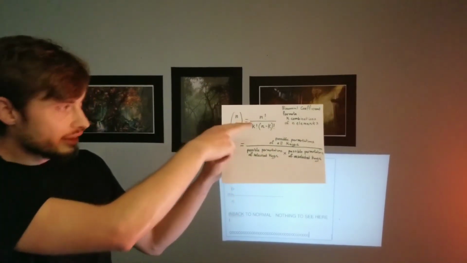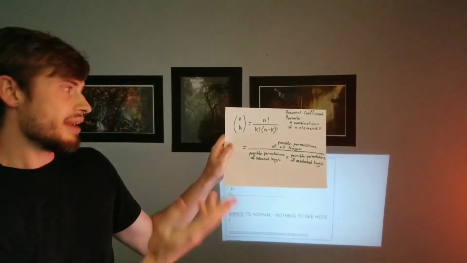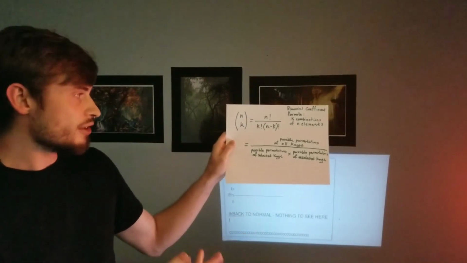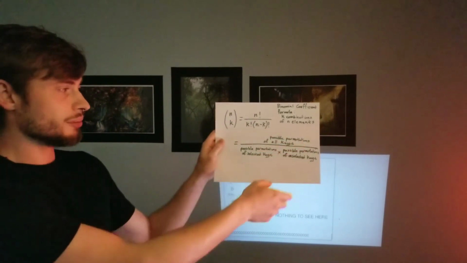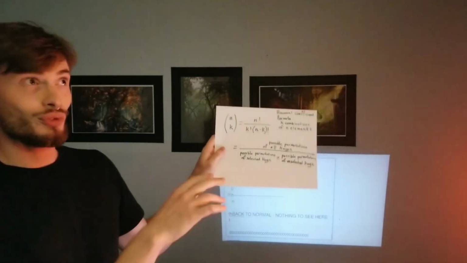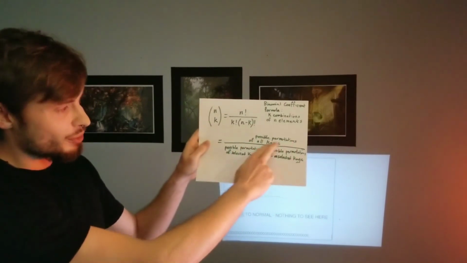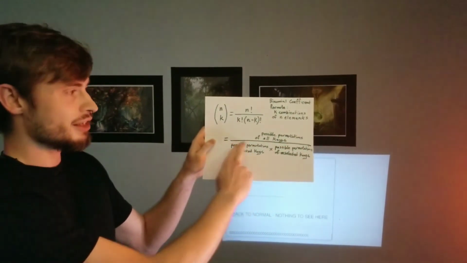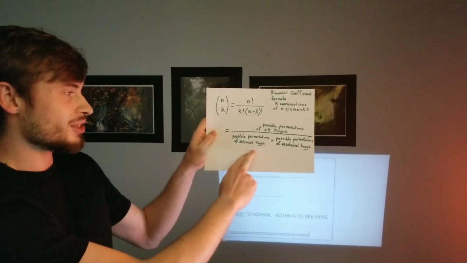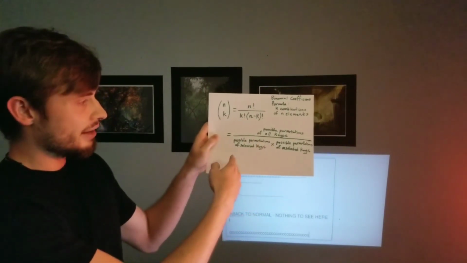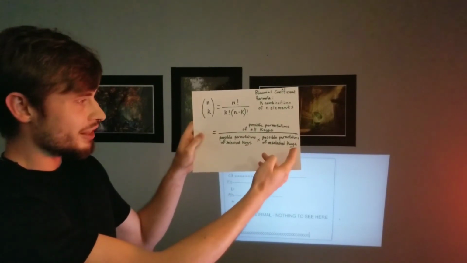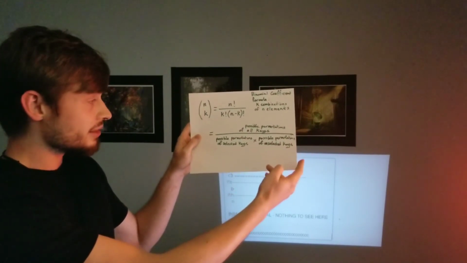And it's calculated out with the formula n factorial over k factorial multiplied by n minus k factorial, which I sort of reason is the possible permutations of all possible keys divided by the possible permutations of the selected keys and multiplied by the possible permutations of unselected keys. What does that mean? I don't really know.